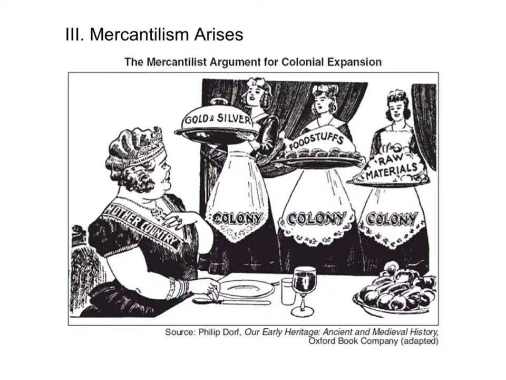And this is just to help boost the national economy. Well, these tariffs help to try to protect the money that would have flowed out of the country if people had bought these imported goods. As a result of these measures, national governments had a lot of control over their economies.